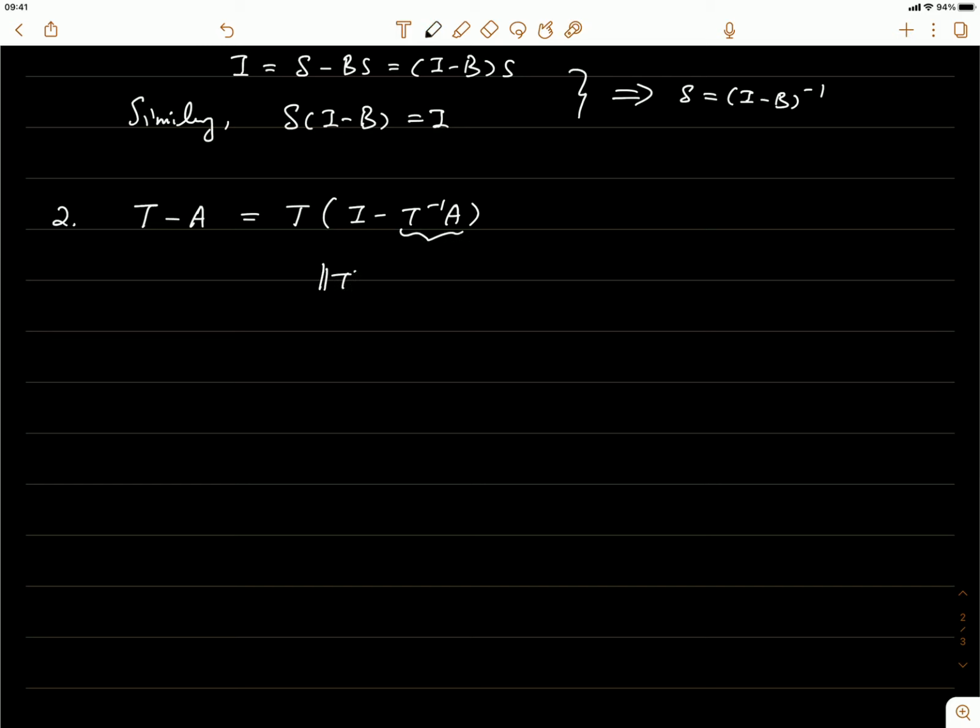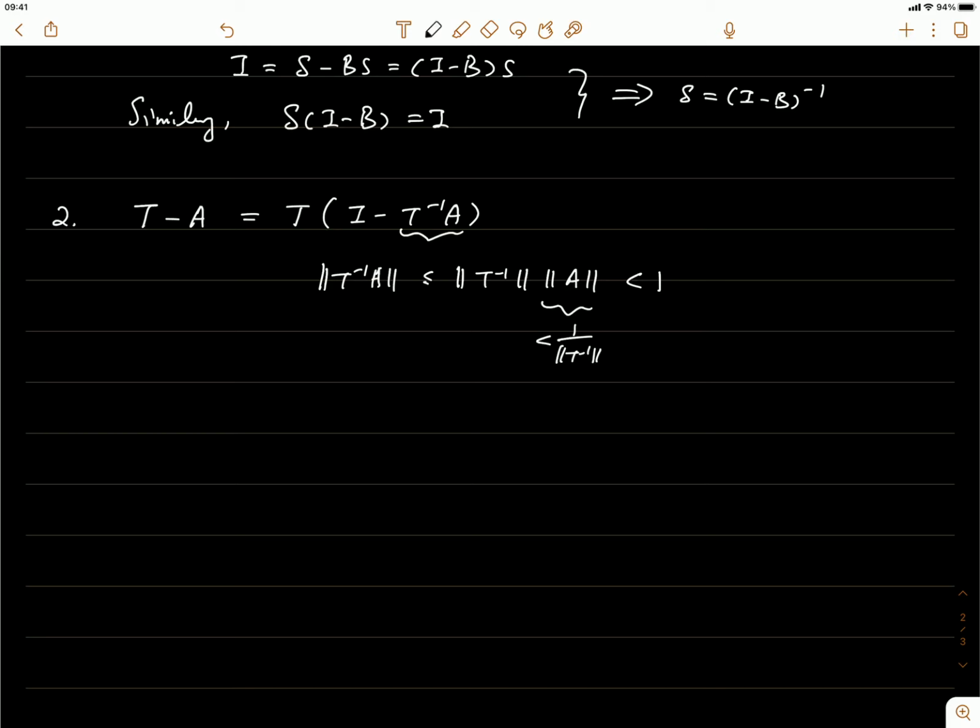The norm of this, according to the rule for norms, is less than or equal to the norm of T inverse times the norm of A. So now you can see why we need A to have a norm smaller than 1 over the norm of T inverse. Because if that's the case, this will be less than 1.